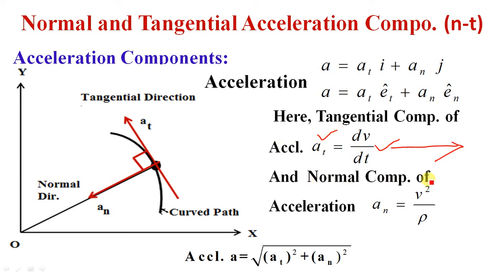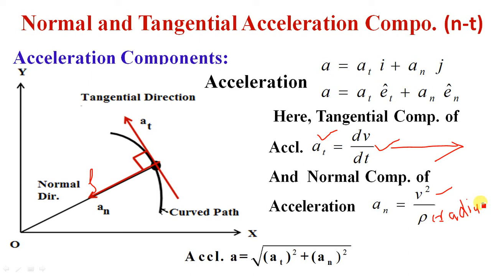And the normal component of acceleration can be found by the formula An is equal to v square upon rho, where rho is the radius of curvature. Remember this.